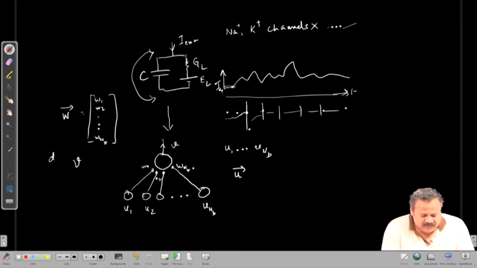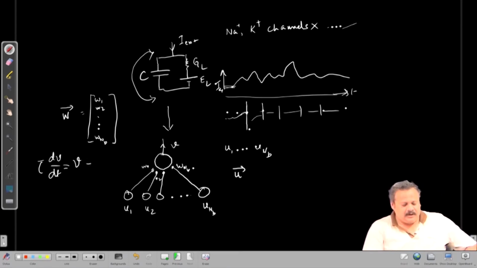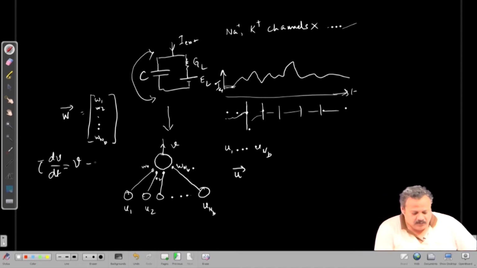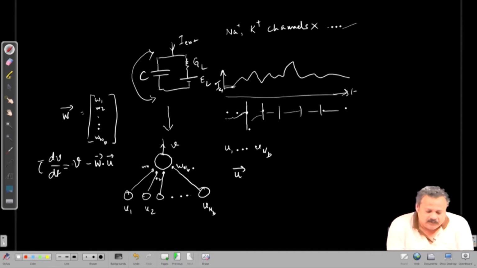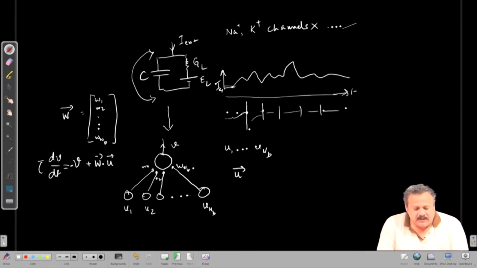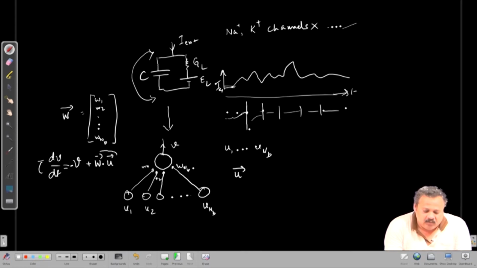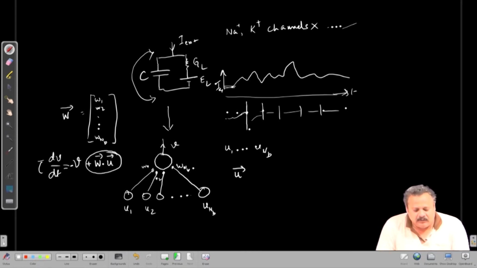Let us say we have dV dt, that is the output V is changing with the time constant tau, tau dV dt equals minus V plus W dot U. So V is relaxing to go towards a steady state value, where dV dt is 0, with a time constant tau, and is being modified by this W dot U.